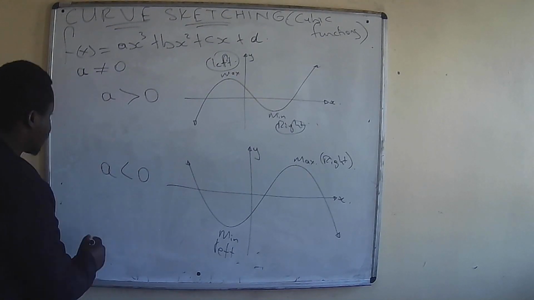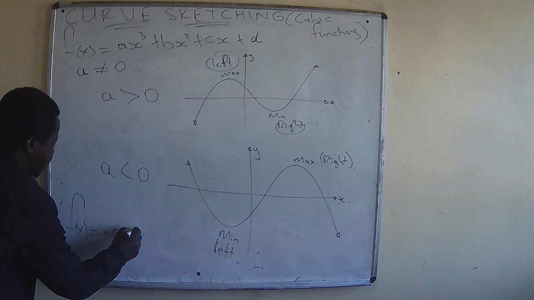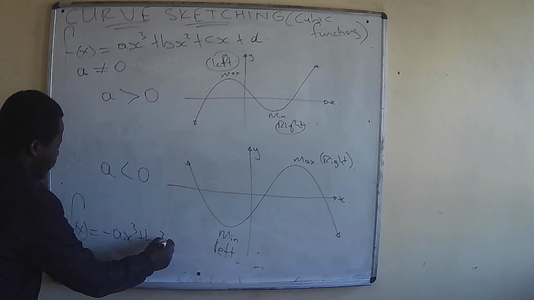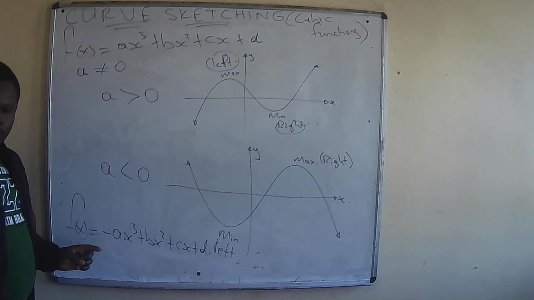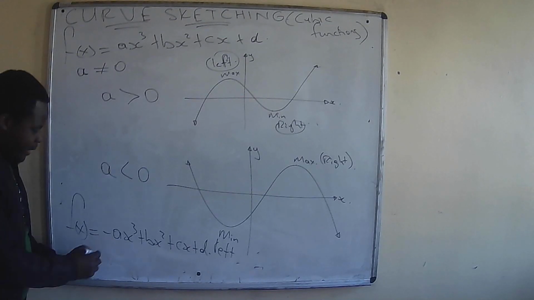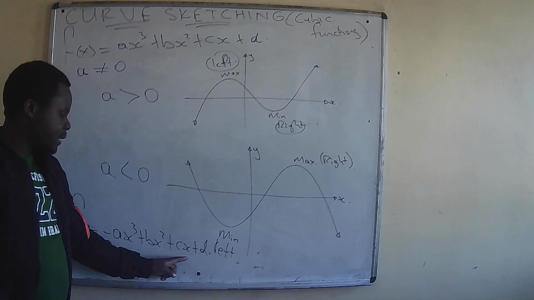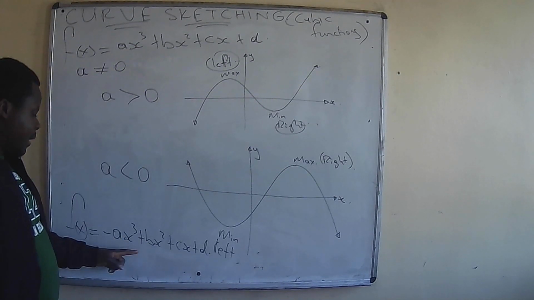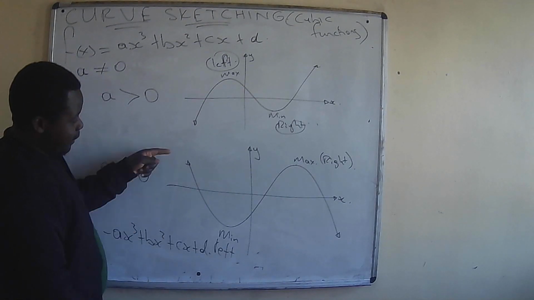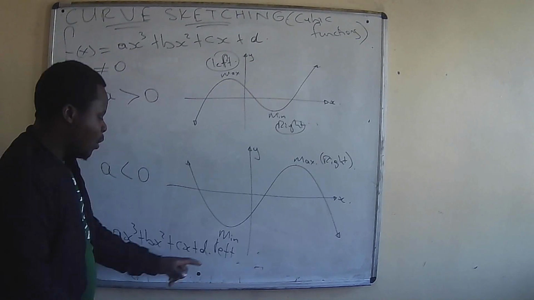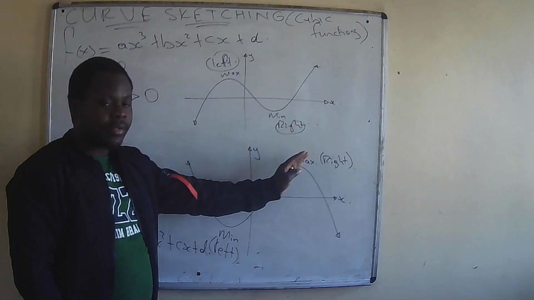If f of x is negative a x cubed plus bx squared plus cx plus d, this is our cubic equation, and it takes this form, with a local minimum on the left-hand side and local maximum on the right-hand side.